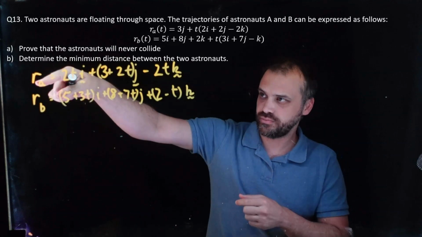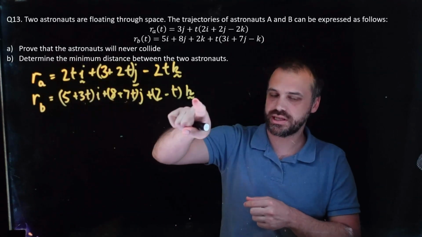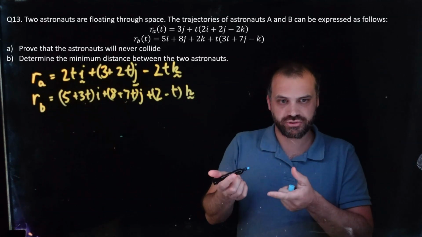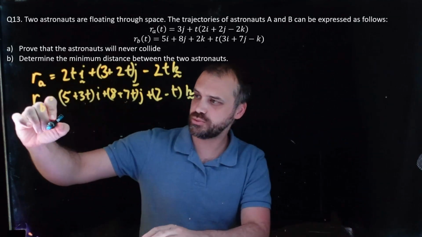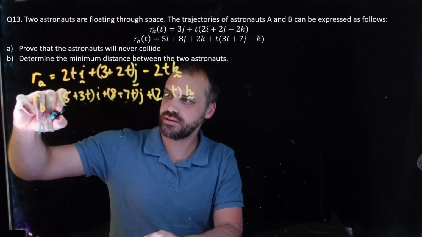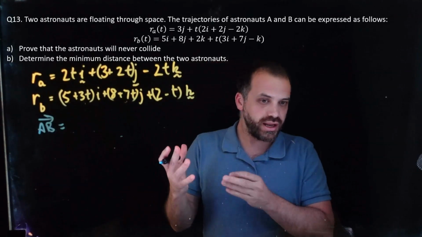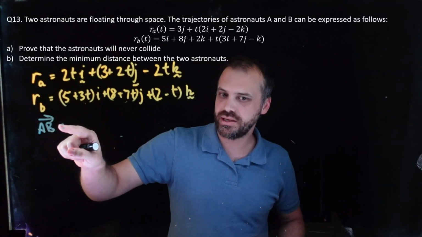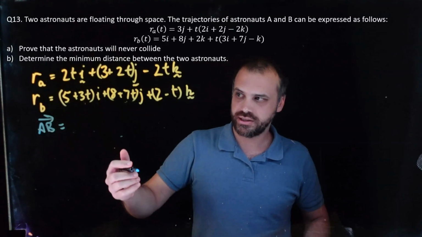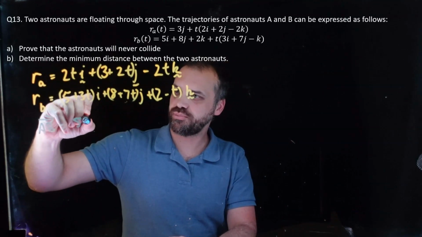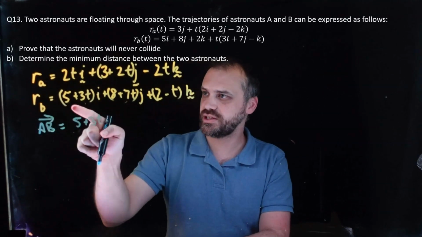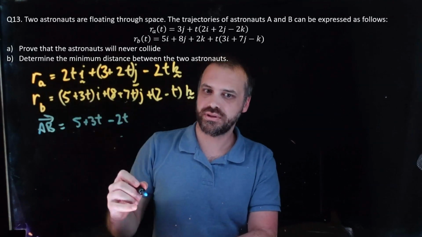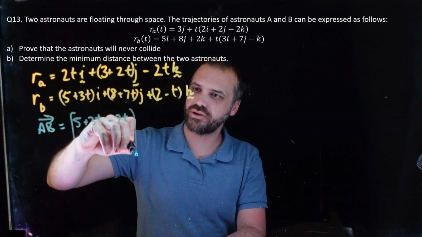This is astronaut A. This is astronaut B. If we want the vector that connects astronaut A to B, in other words, we're trying to find vector AB, we do that how we would connect any other set of points, right? We do vector B minus vector A. So we do 5 plus 3t, this is vector B, minus vector A. And I'm going to write it in column form.